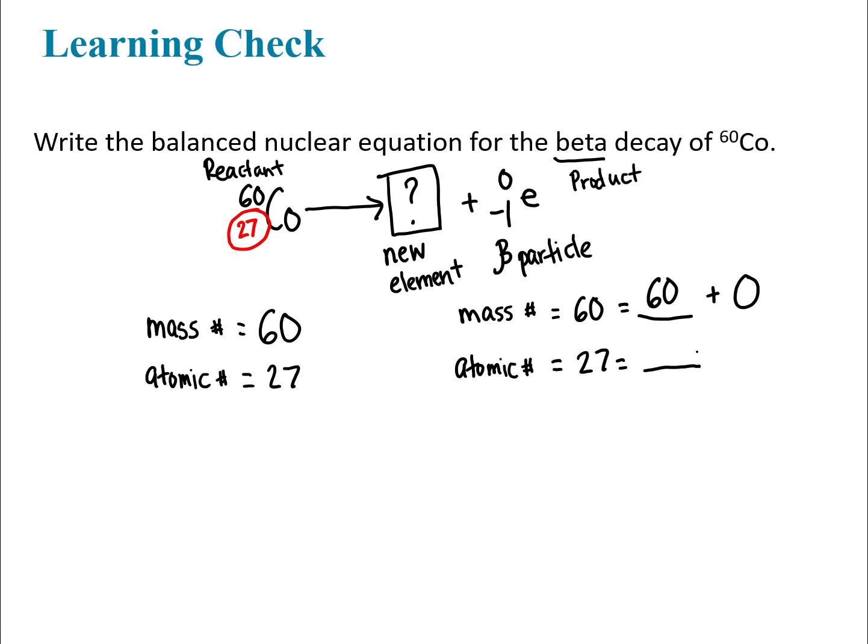Here, we've got a new element that's going to have an atomic number of something. And then we've got a -1 from the beta particle. What does our atomic number for the new element have to be if overall our atomic number is 27?